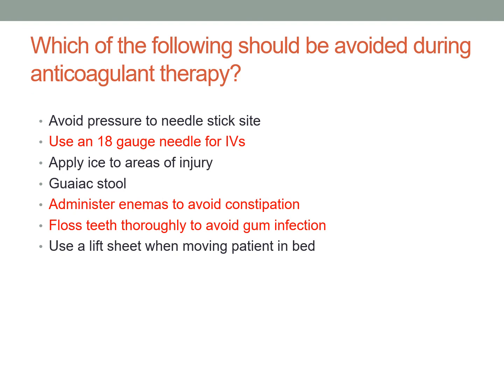So which of the following should be avoided if a patient is on anticoagulant therapy? Okay? And it's those in red. You don't want to use a large bore needle for patients on anticoagulant therapy because they're already at risk for bleeding. So use a typical 20 or 22 gauge IV needle, not an 18 gauge.